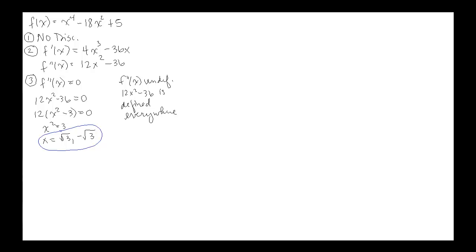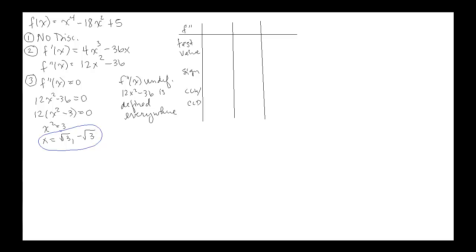Let's do our chart. One, two. So again, f double prime, test value, sign, concave up, concave down. Our leftmost value is negative root 3. Negative infinity to negative root 3, negative root 3 to positive root 3, and then positive root 3 to infinity.